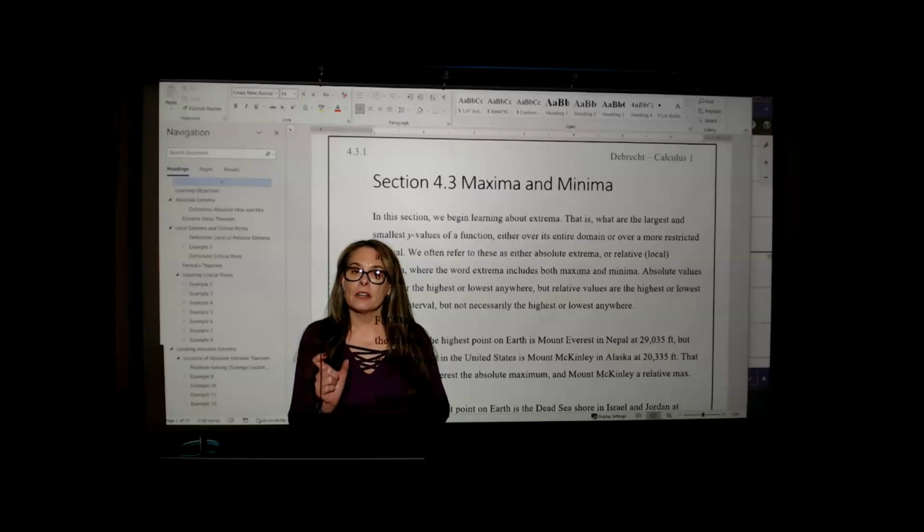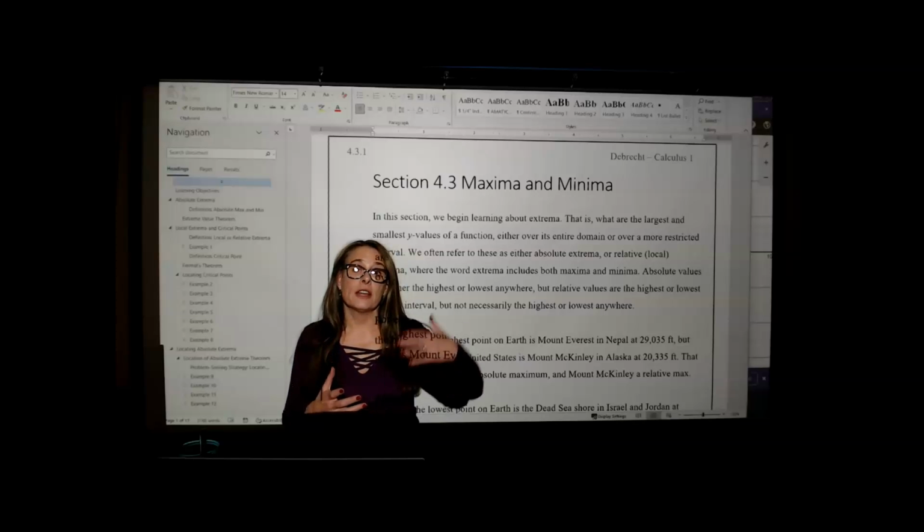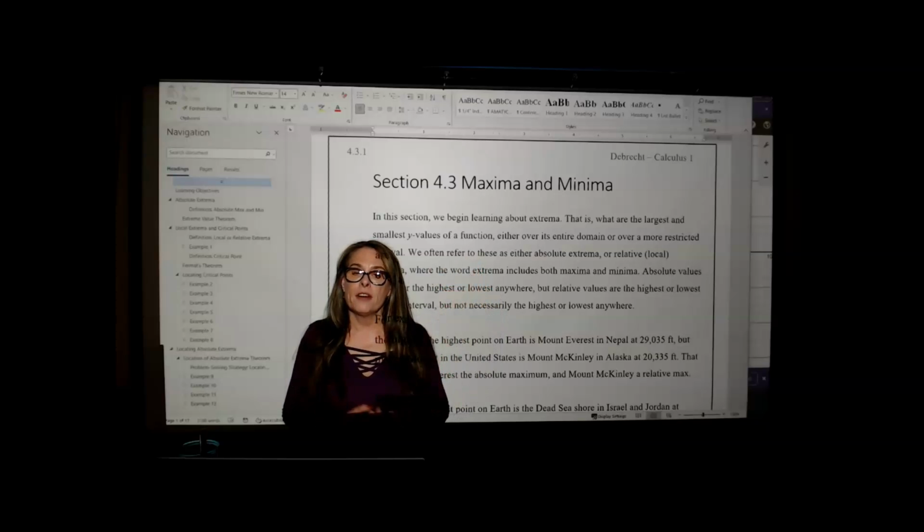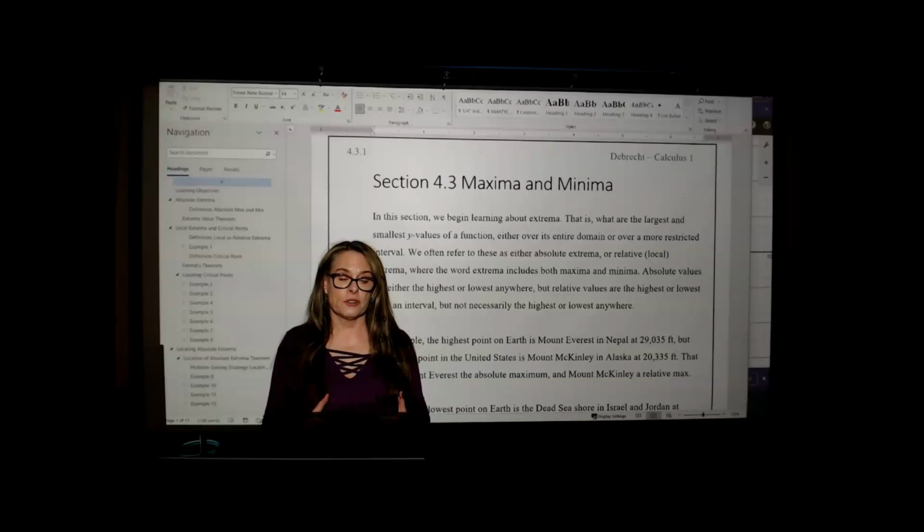We use an interval of the independent variable, usually x, to represent where we're looking, or we could be looking on the entire domain. When we talk about absolute, there's no y value for the function that goes above that y value over that interval. We can also talk about what's known as relative extrema or local extrema.